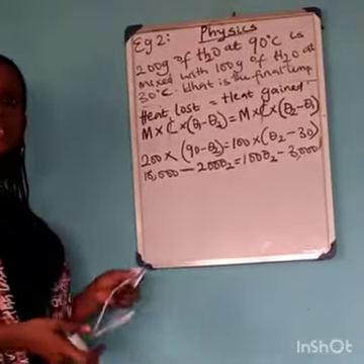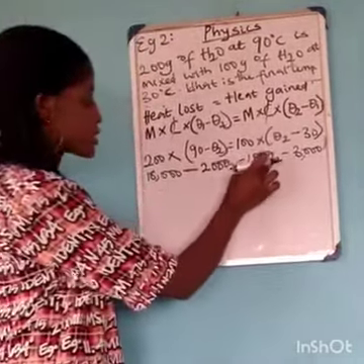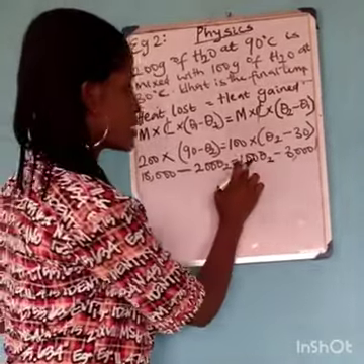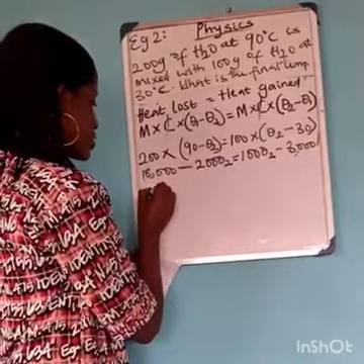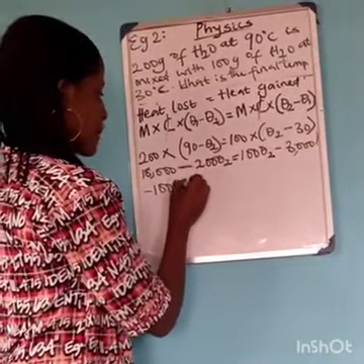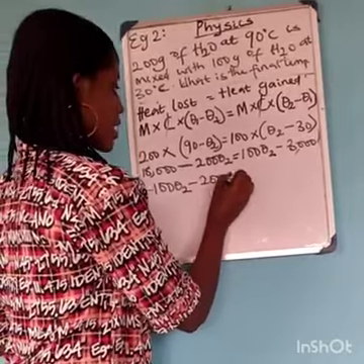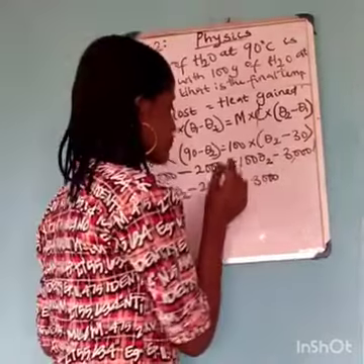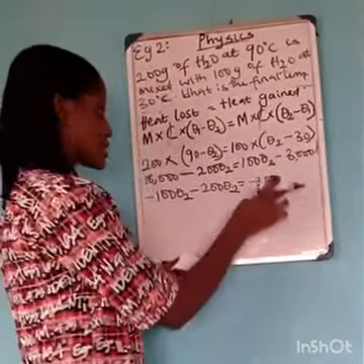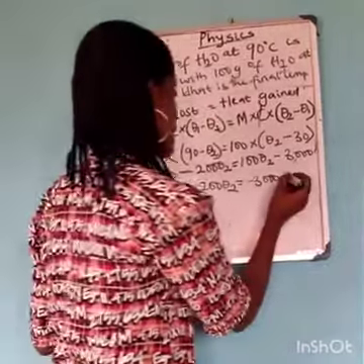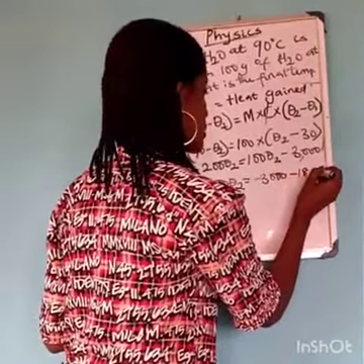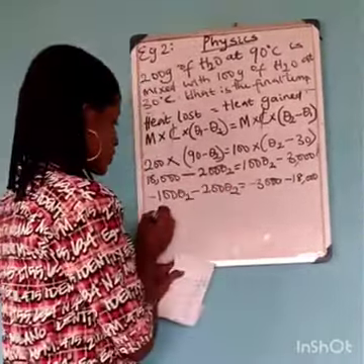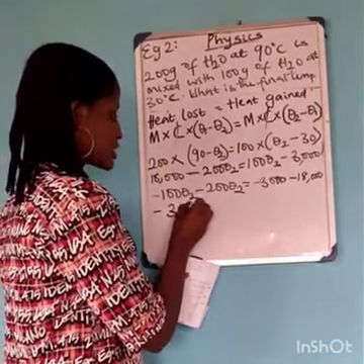So you can see that you can easily collect like terms. Theta 2 terms come over here, while the constant goes over there. 100 theta 2 coming over becomes minus 100 theta 2, minus 200 theta 2, which is equal to minus 3,000, and 18,000 crossing the equality sign changes its sign to minus 18,000. Minus 100 theta 2 minus 200 theta 2 gives us minus 300 theta 2.